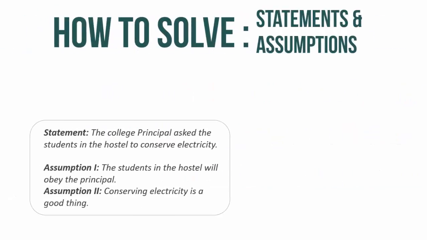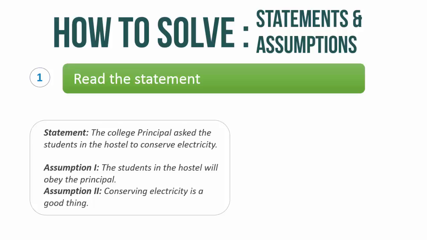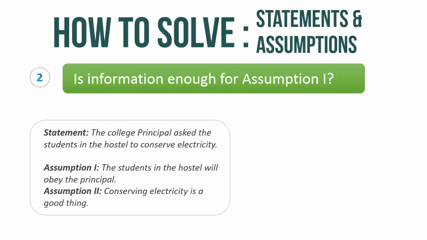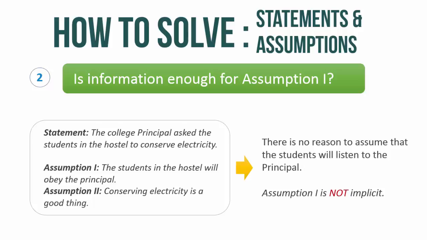Here we are given one statement and two assumptions. The statement is, the college principal asked the students in the hostel to conserve electricity. Step 2. Now you look at the statement and see whether it has enough information for you to make assumption number 1 with certainty. Assumption 1 is, the students in the hostel will obey the principal.